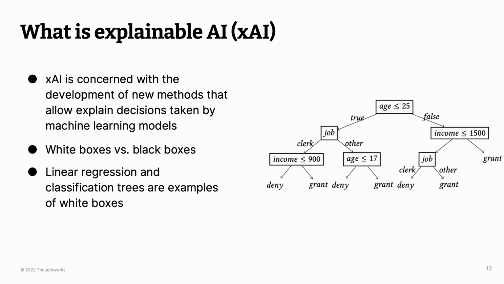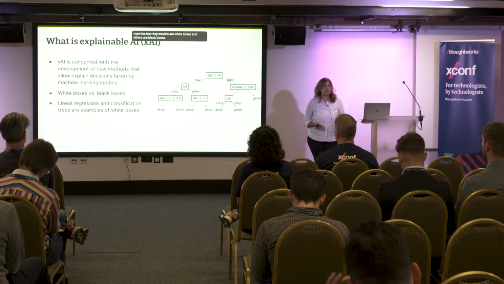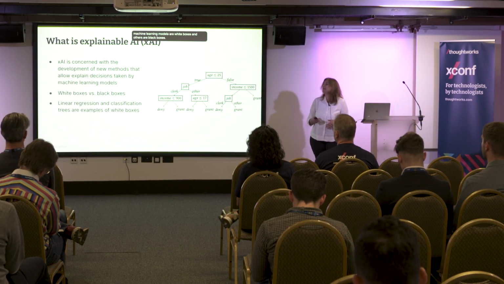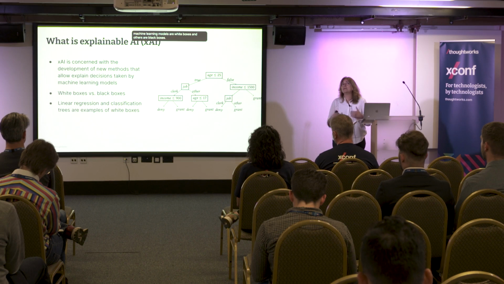Here it is very useful to talk about white boxes and black boxes, no? Because some machine learning models are white boxes and others are black boxes. White boxes are explainable by themselves, no problem here. But when we have black box algorithms, we have a problem with their explainability.